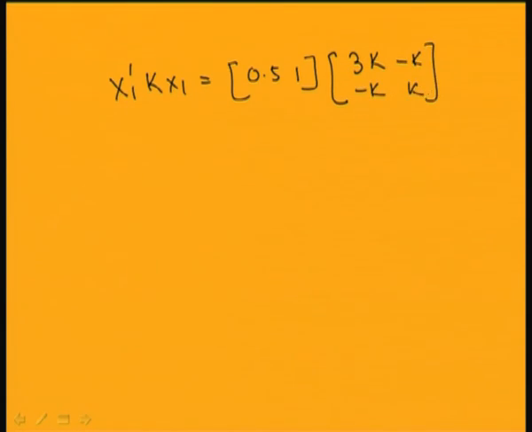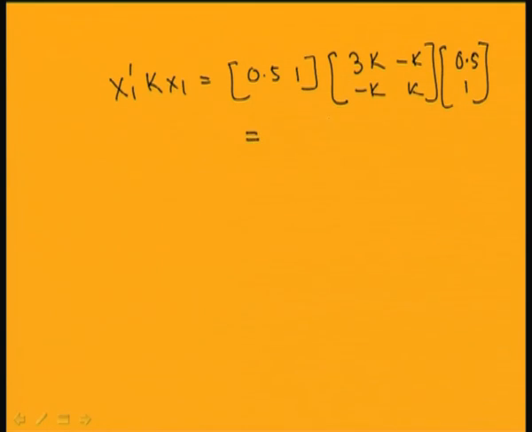To find the generalized stiffness matrix I write x1 dash k x1, which is 0.5 1 times the stiffness matrix 3k minus k, minus k k, times 0.5 1.